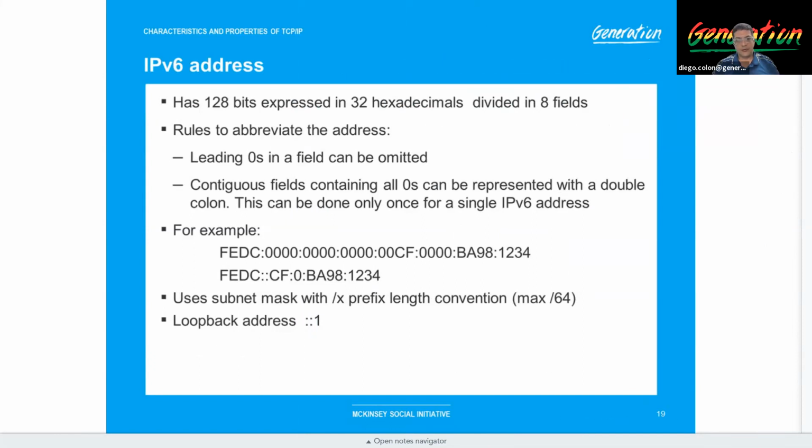Then comes whatever is there. If we notice CF, each section has 4 digits. This is hexadecimal. Therefore, I know that before that CF, there was a whole bunch of zeros. And if I recall, this has 8 sections, right? 1, 2, 3, 4, 5, 6, 7, 8. Since I only have 1, 2, 3, 4, and here goes 5, there's 3 sets of zeros in the middle.